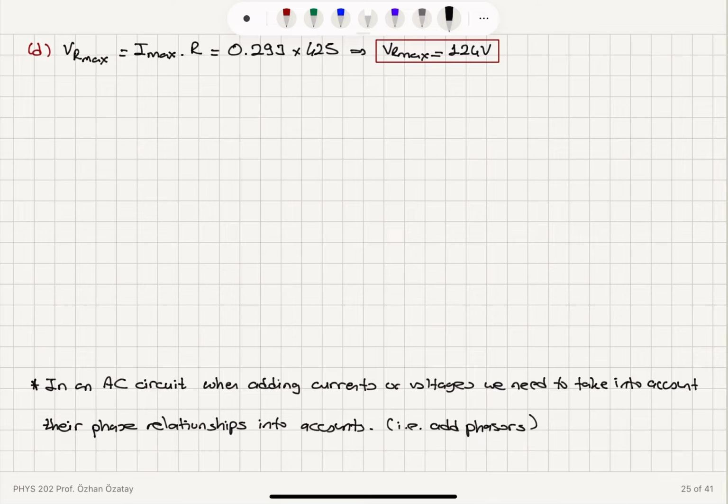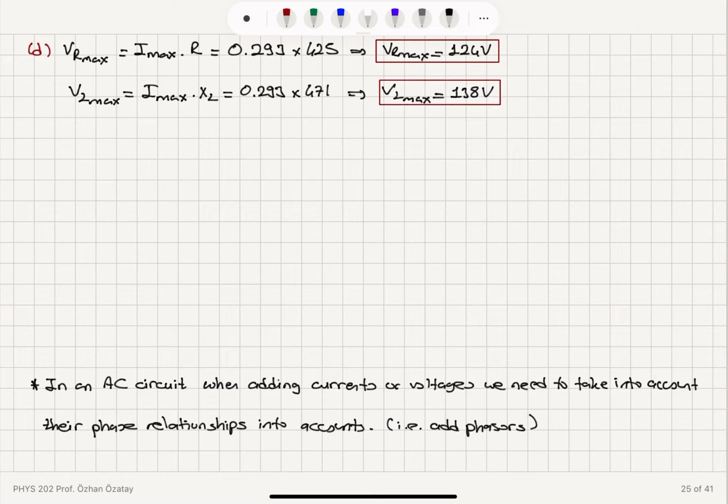What is the maximum voltage across the inductor? VL max, it's I max times its reactive impedance, the inductive reactance XL. So this is 0.293 amps multiplied with 471 ohms. That gives us a maximum voltage, VL max, of 138 volts.